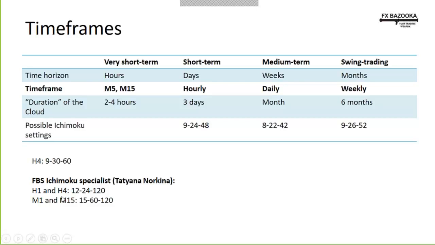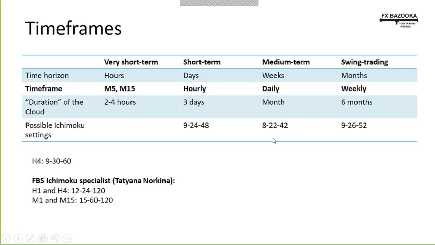Of course, to start working with Ichimoku, I suggest to start working with some classical or these adjusted settings. So in my trading, I usually use Ichimoku on the daily chart, holding position for several days. I find it works rather well.